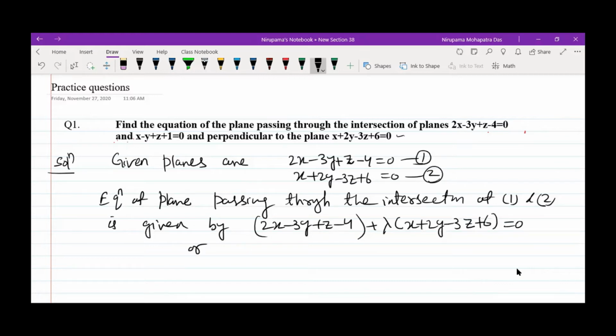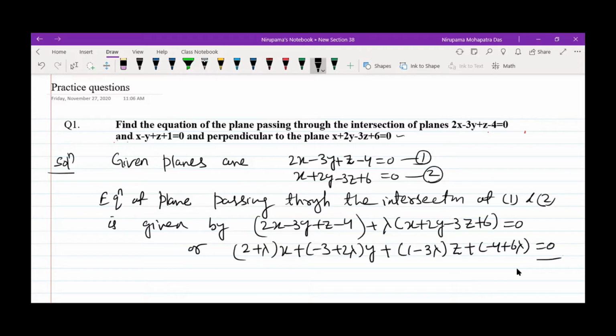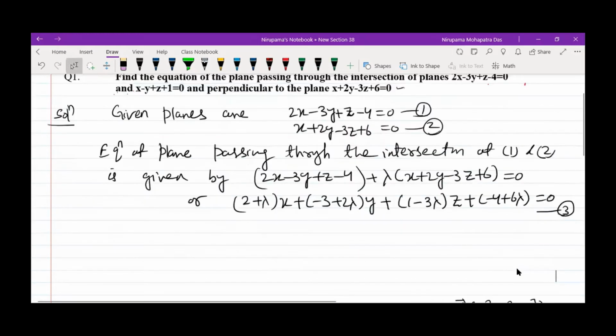Or you may write it as (2 plus lambda) into x plus (minus 3 plus 2 lambda) into y plus (1 minus 3 lambda) into z plus (minus 4 plus 6 lambda) equal to 0. We are writing this in the form ax plus by plus cz plus d equal to 0. This step is common to all the questions containing this concept.